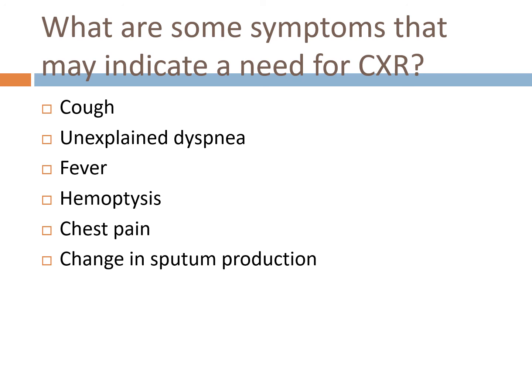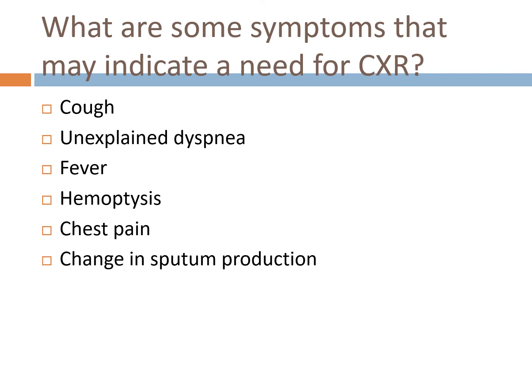All right, so some other things there: a cough, especially if you come in for a workup at the clinic or something, and you've had this cough, or you're coughing up a little bit of blood, unexplained dyspnea, you've had a fever and it's not going away. I mean, there's all different scenarios.